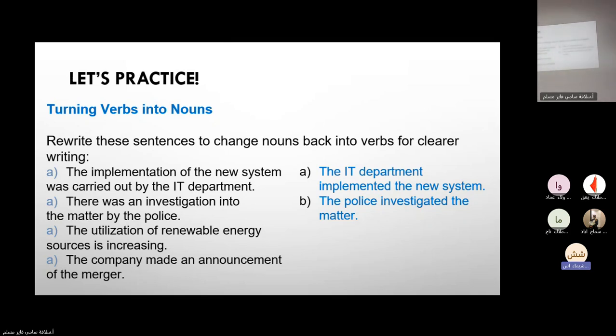The company... لا شيماء احنا لساتنا في utilization of renewable energy.